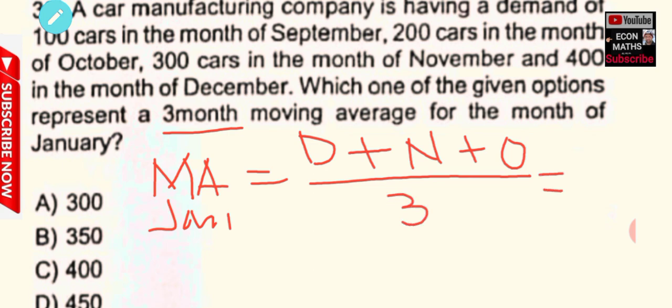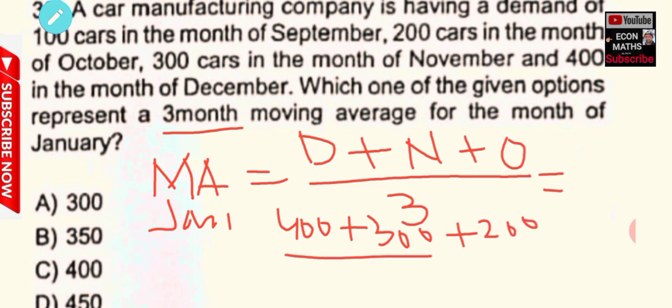In December we have 400 cars, plus 300 in November, plus 200 in October, divided by 3. That is 700 plus 200 is 900, and 900 divided by 3 comes out to be 300. So the correct option is A, that is 300.